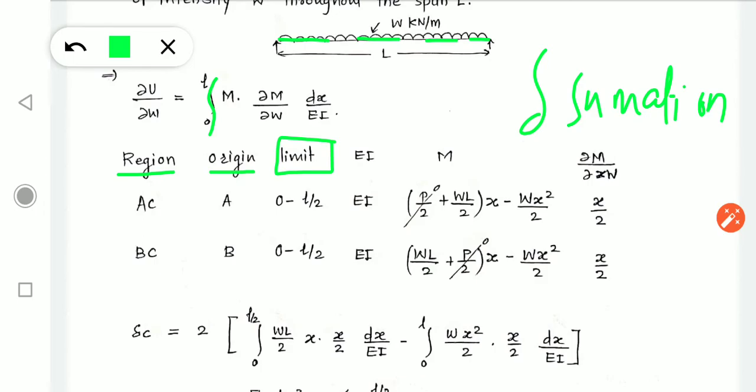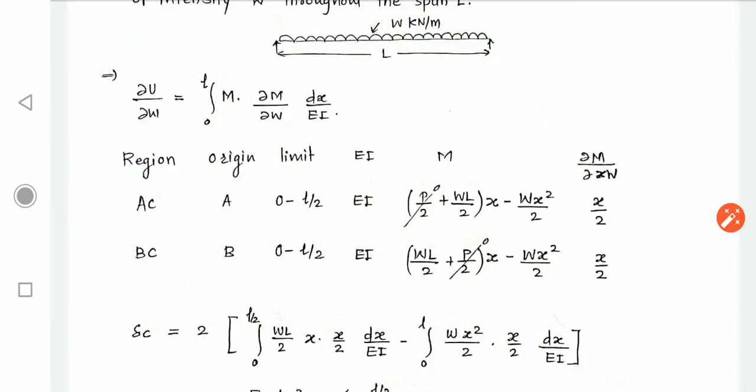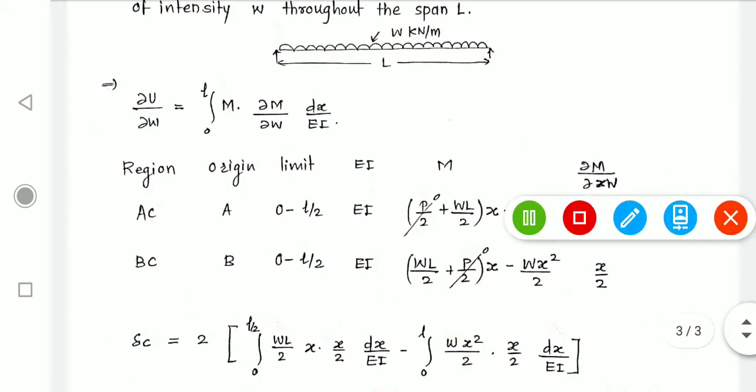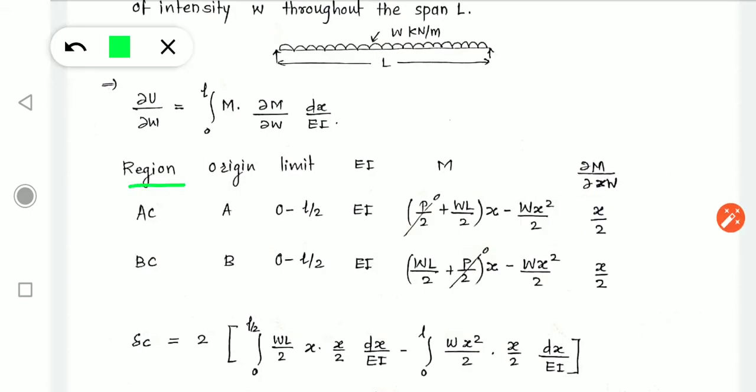So once we write the differentiation equation or moment equation for a small region, to get its complete result in one, we will do the summation of it. Therefore, first we want to know in what region we are applying the moment equation, what is the origin of that, and then the limit, EI, M and ∂M/∂W.